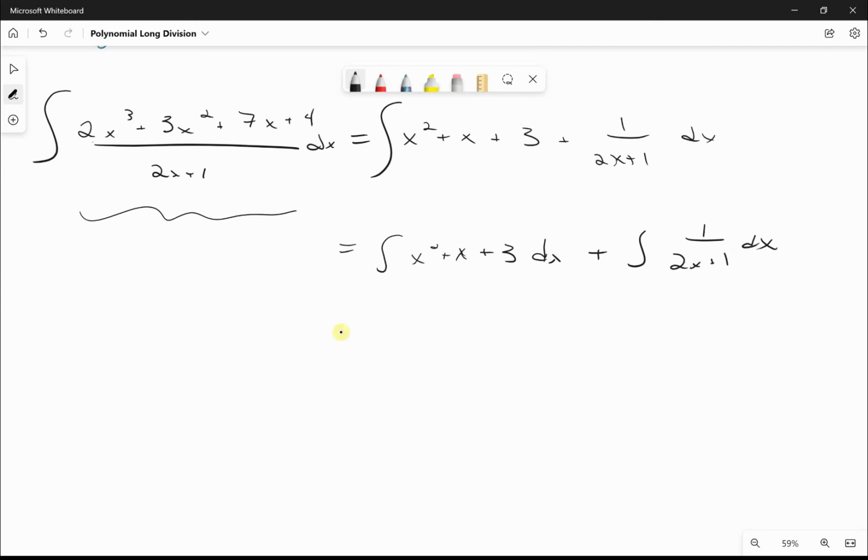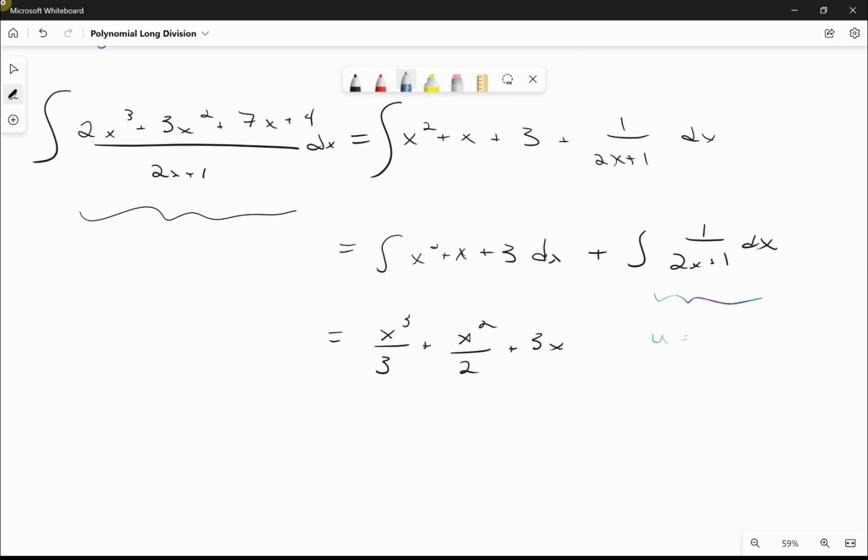So here, the polynomial, when we integrate, we're just using the power rule. That's a really nice, easy integral there, right? And over here, that's almost as easy, but maybe we just have to do a little bit of work to simplify it first by doing a u sub, right?